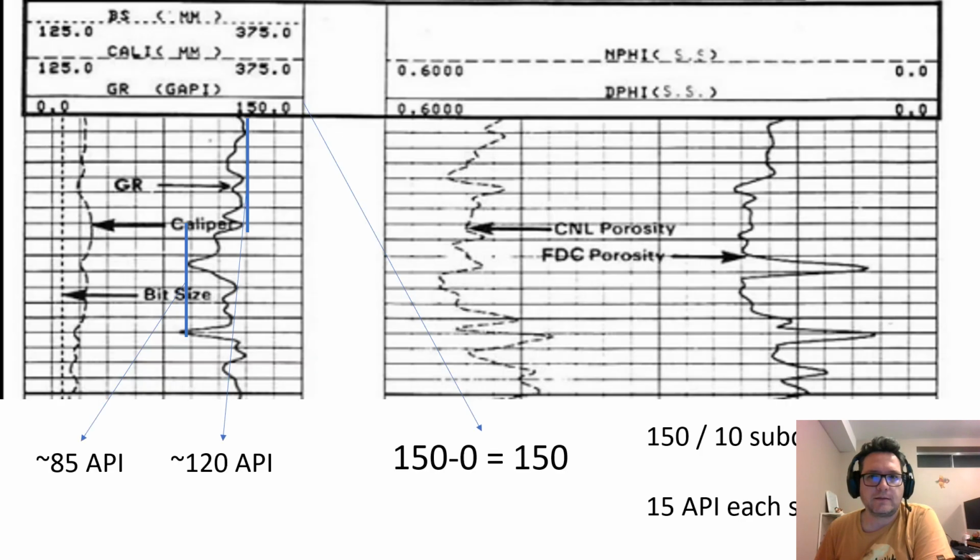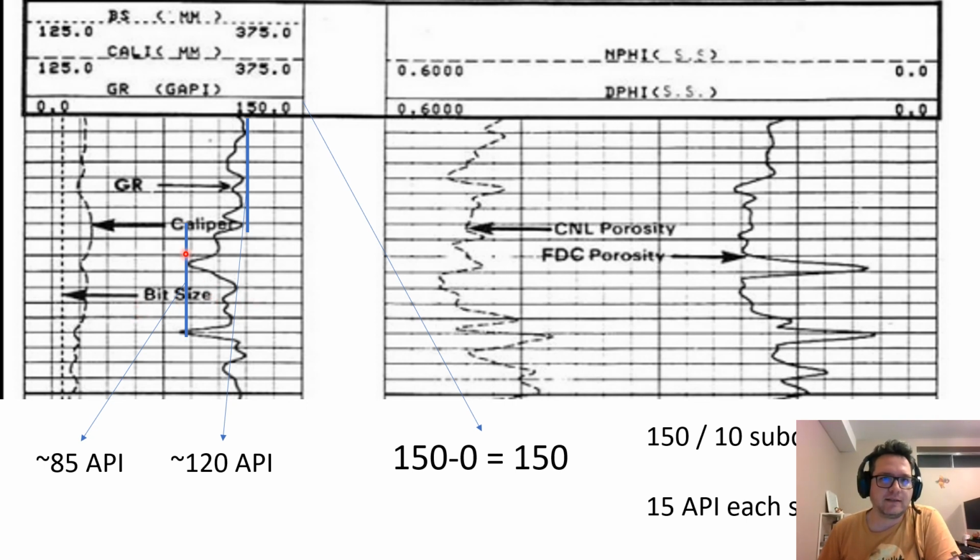Okay, gamma ray. Gamma ray reading is straightforward. We go, in this case, from 0 to 150. So we have 150 API in the scale divided by 10 subdivisions, so 15 API in each subdivision. Starting from the left, we have 0, 15, 30, 45, 60, and so on.